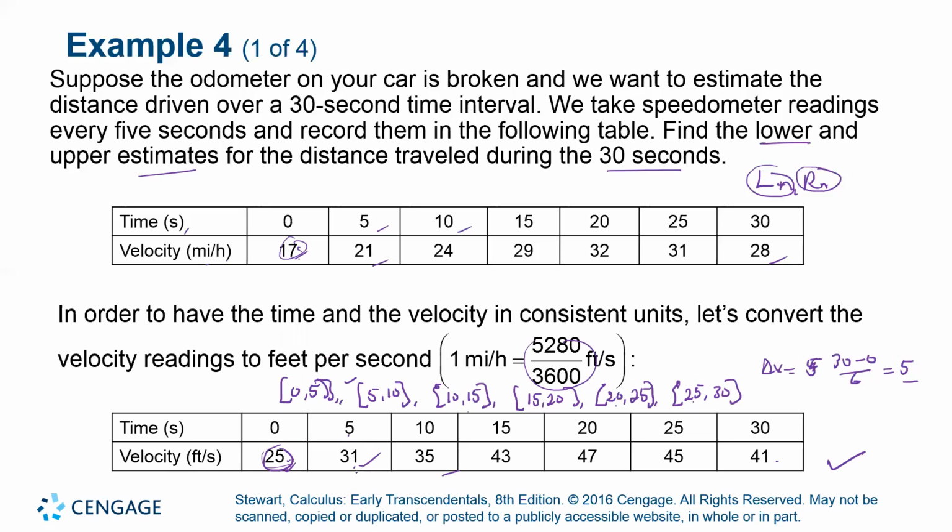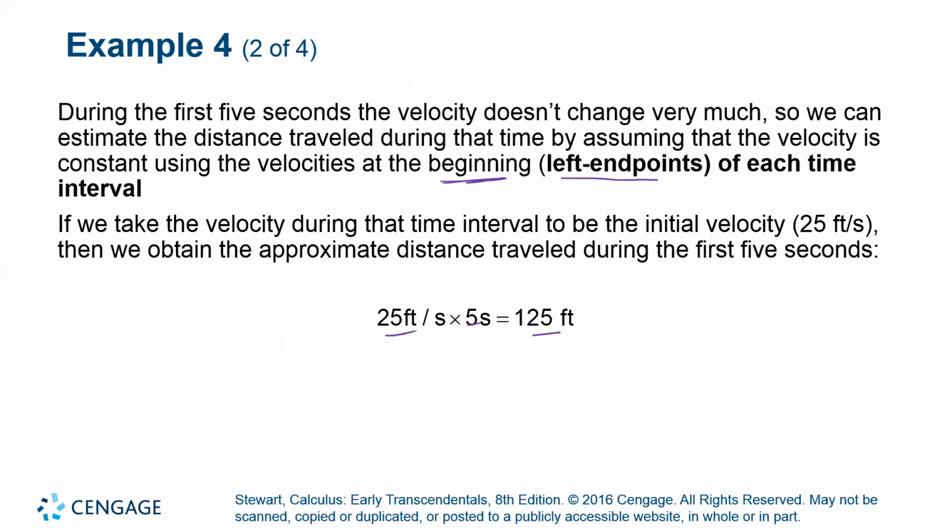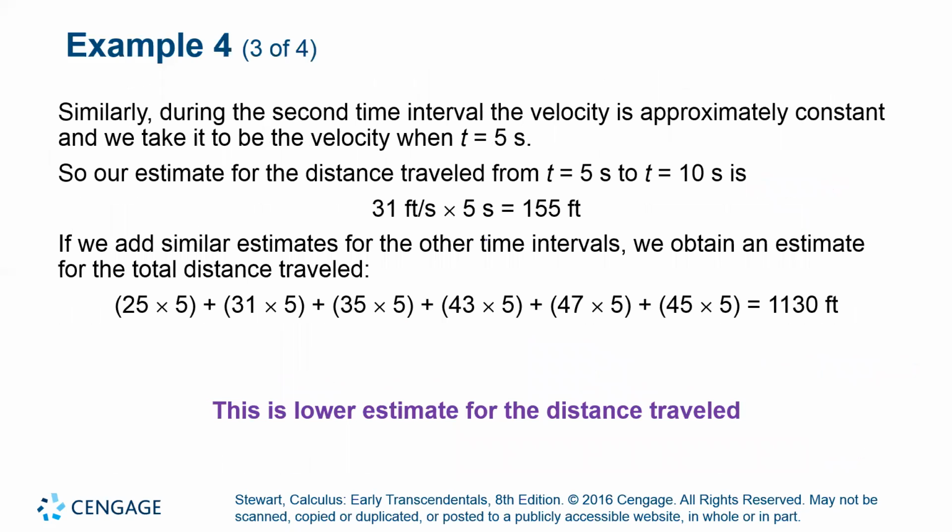The second subinterval is going to be 31 times 5, then 35 times 5, 43 times 5, 47 times 5, and 45 times 5, because we are using the left endpoints. The second one, like I said, is 31 times 5 seconds, which is 155.